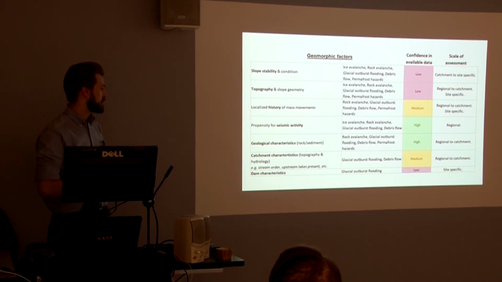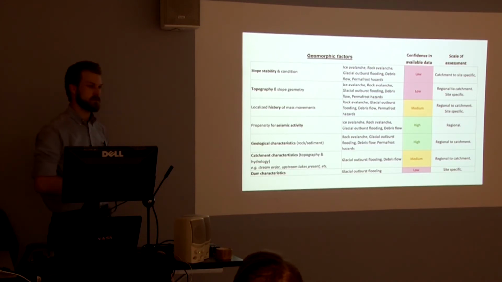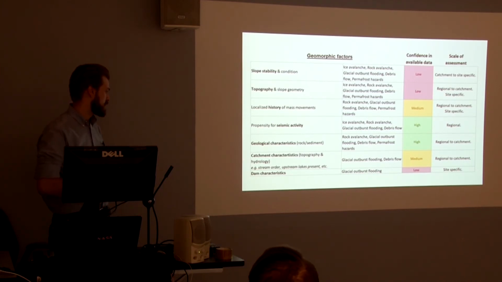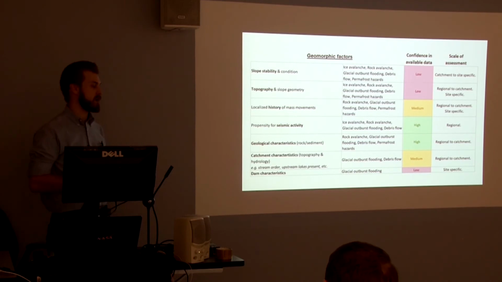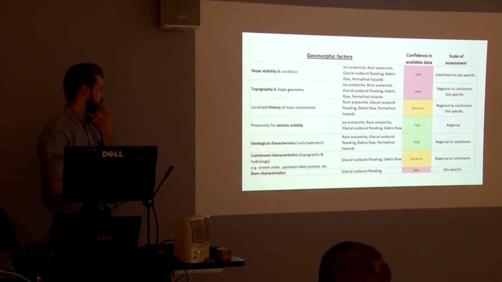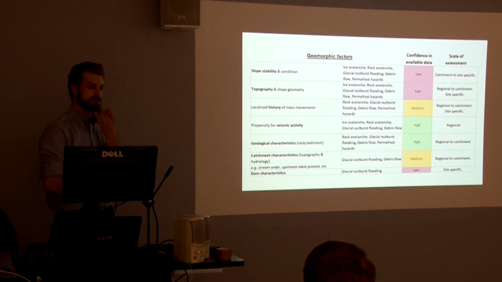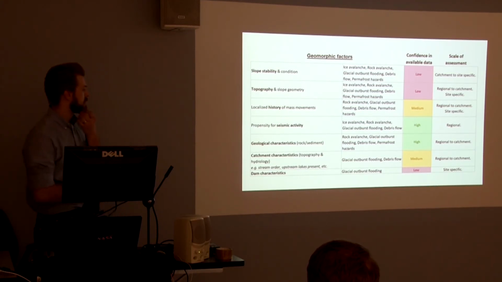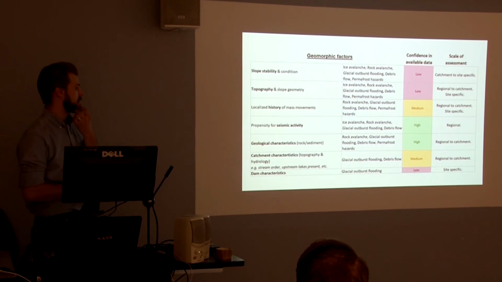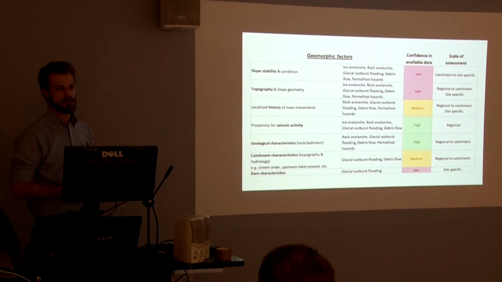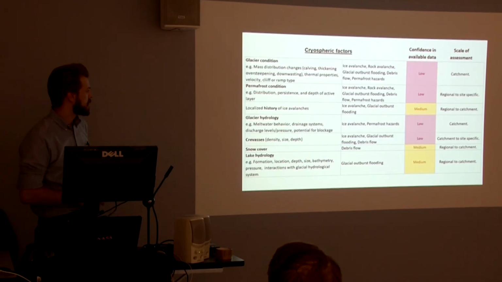We'll get a better idea of where mass movements have occurred in the past, and better understand the catchment characteristics, where water is flowing, how that might be changing, and then a better idea of these dam characteristics, whether or not they're ice cored. And these are all factors that directly influence the conditioning or triggering of these glacier-related hazards in alpine environments.